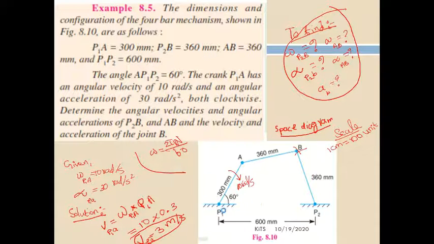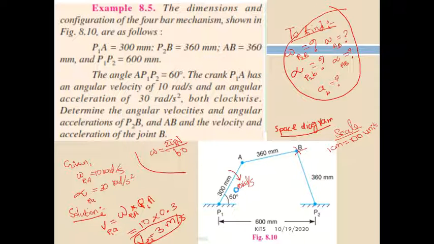These 2 points are fixed points. Other points are movable points. First of all, you have to fix P1, P2, and then you have to draw a perpendicular line to P1A. You have to draw because the arrow mark is shown in the downward direction, that is clockwise.